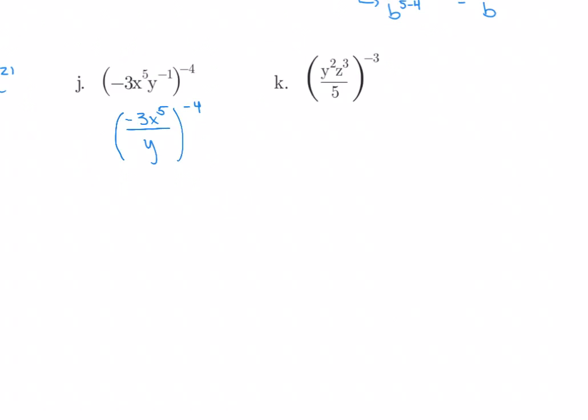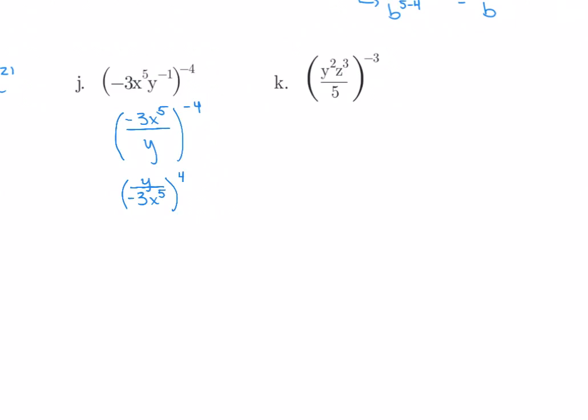Now when I have an outside exponent of a negative number, I do that in 2 steps as well. The first thing I'm going to do is reciprocate the inside. So I get y over negative 3x to the fifth. And since I took the reciprocal, my outside exponent is now positive.